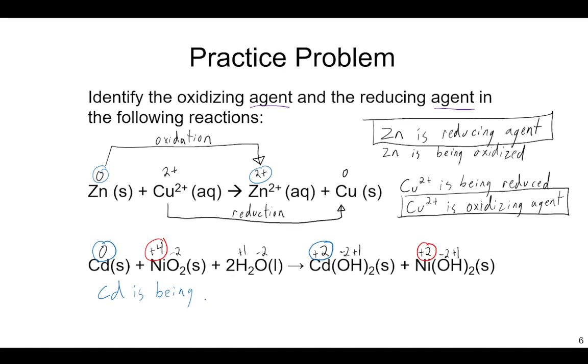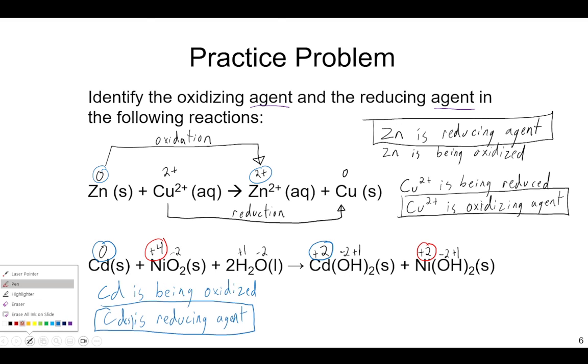It's going from 0 to 2 plus. It's being oxidized. It's going to be the reducing agent, because it's going to be the thing changing its charge in order to cause something else to be reduced. So cadmium here is going to be our reducing agent. And I should probably be specifying like cadmium solid, for example.